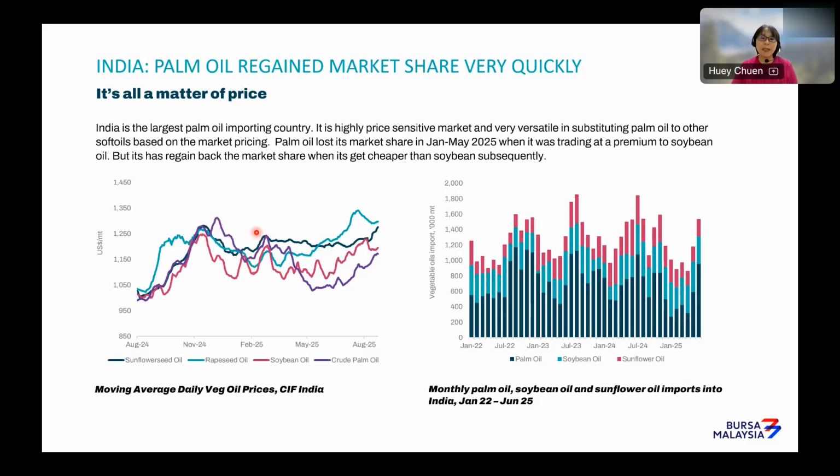But interestingly, once the palm traded cheaper than the rest of the oils, you can see the demand from India just spiked up. So India is a very price sensitive country. When it's expensive, they can move to the other side very fast. When you become cheap, they will come back to you. So that's why it's a very price sensitive country.